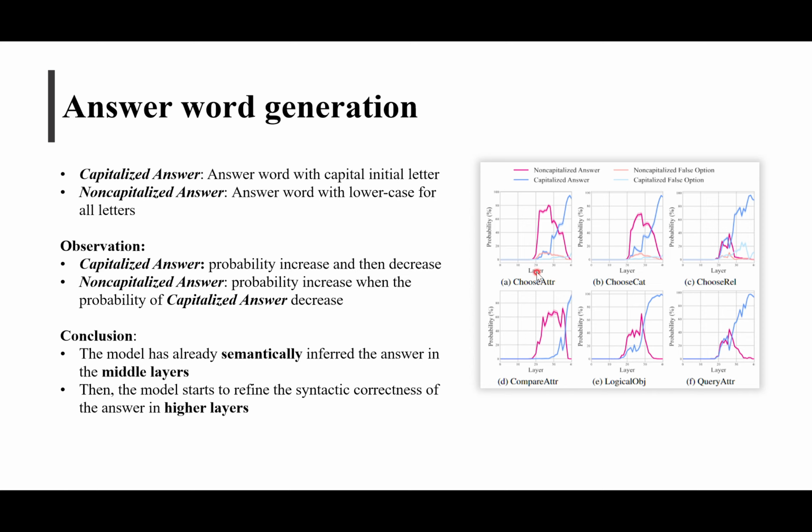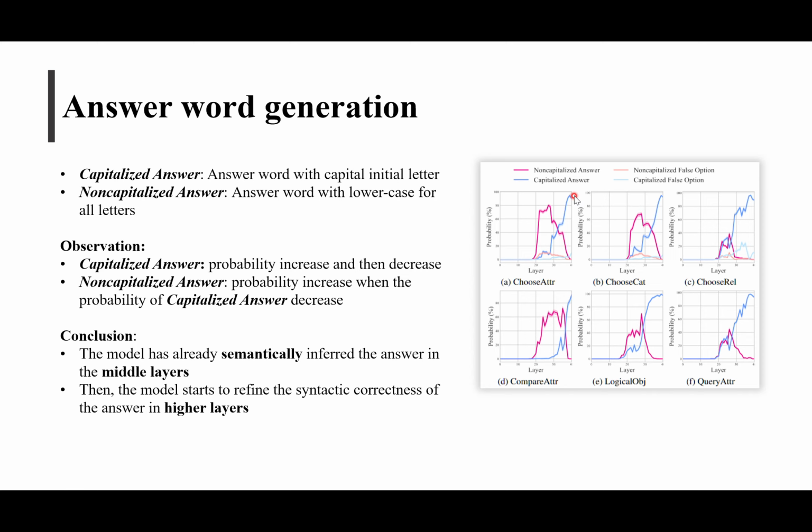So we can see here in the 20th layer, the red one gets a sharp increase. That means here the model already knows the answer. It is the answer word with lowercase for all letters. But with the increase of the layer, this probability decreases, and at the same time, the blue one increases. The blue one is the answer word with the capital initial letter.